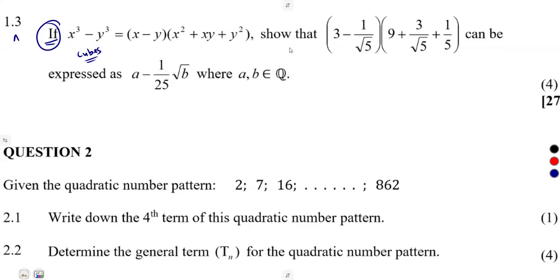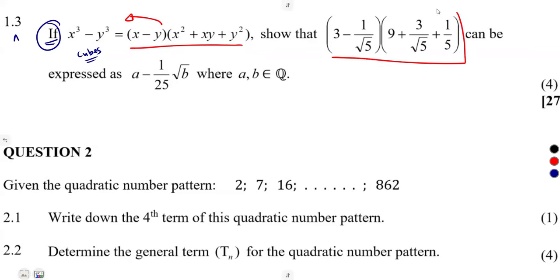So now they are saying, show that these two brackets can be expressed as this, where a, b will be elements of what? Rational numbers. All right, guys, are we seeing that? This is the factorized part. So this here is equal to this.